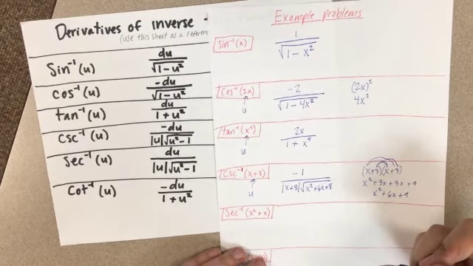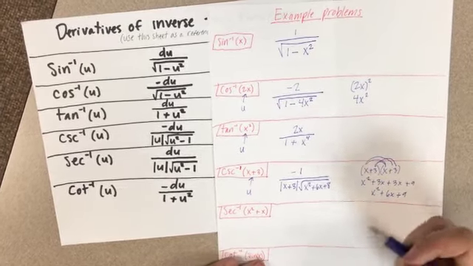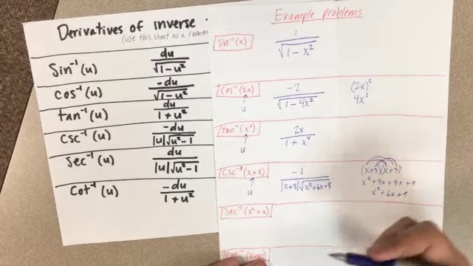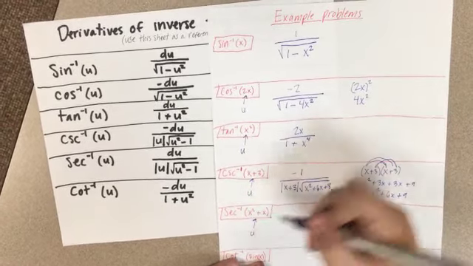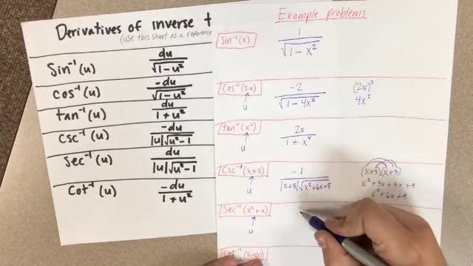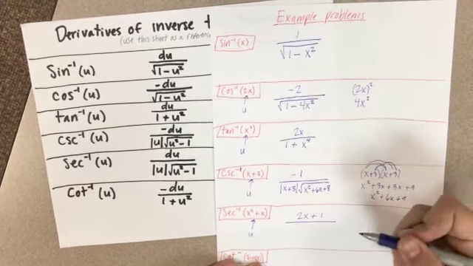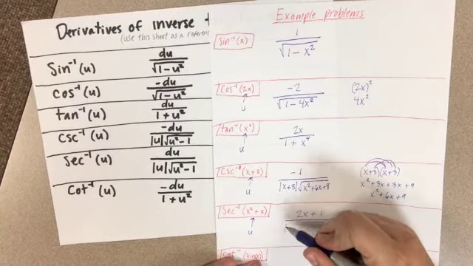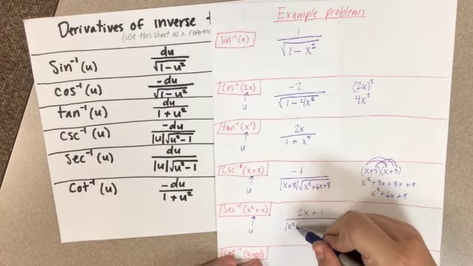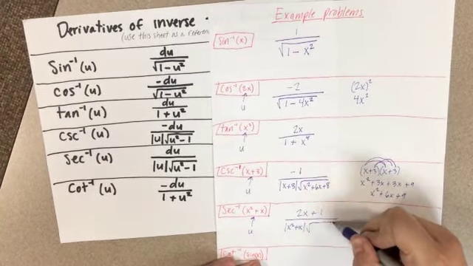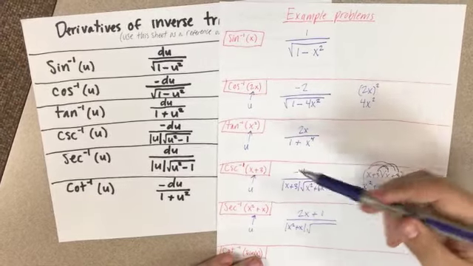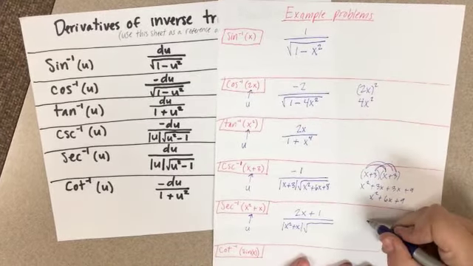Next one, inverse secant. It's just like cosecant, except it's positive. So here's the u. The derivative of u is 2x plus 1, and that's over the absolute value of u multiplied by the square root of u squared minus 1. So again, we have to do some foiling.